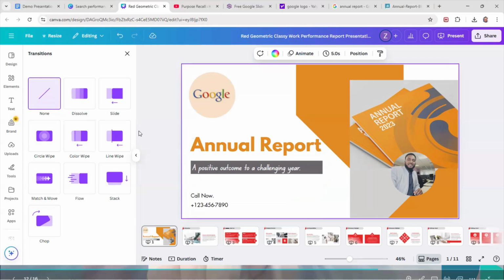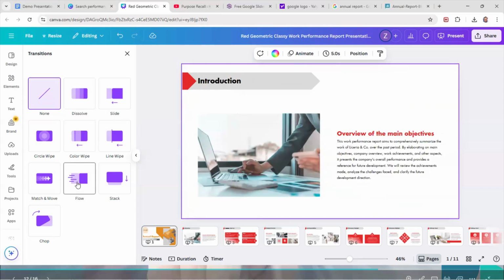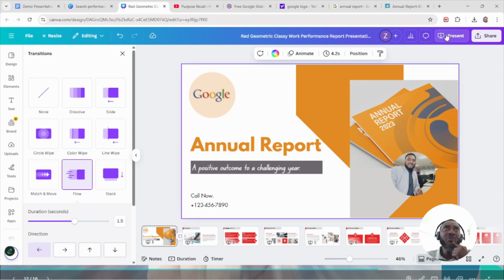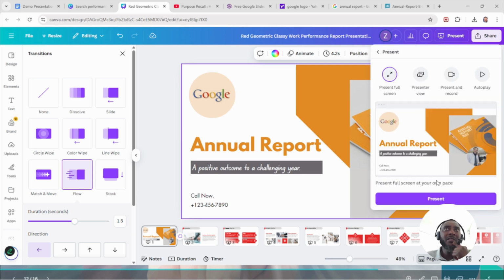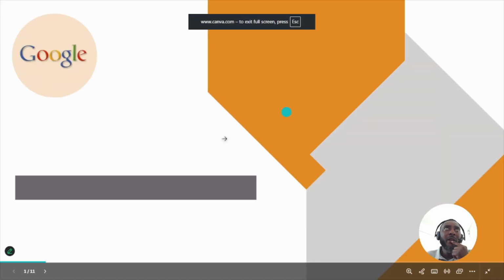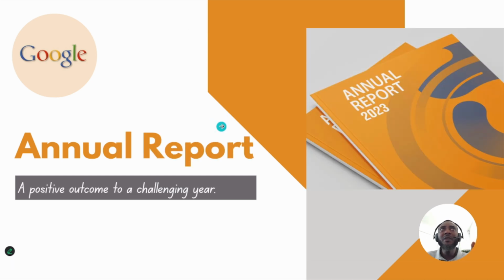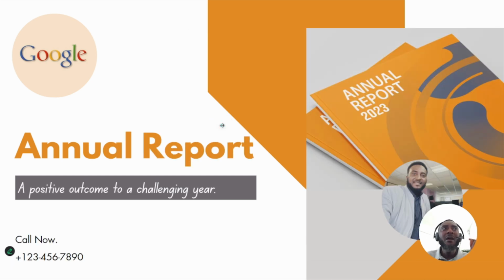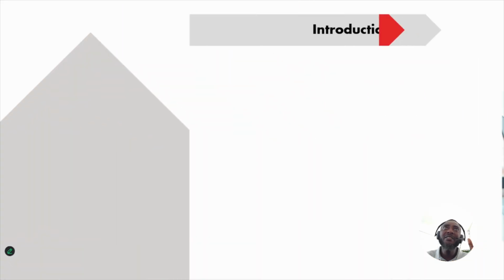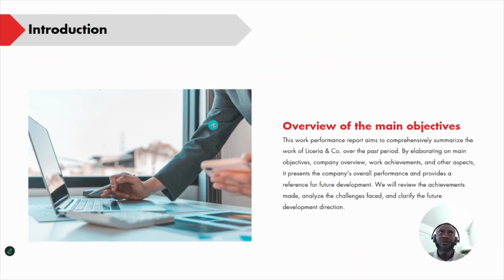And so if I use this for instance, flow, and go back to present, when I click, my animation comes up. But when my animation ends and I'm moving to the next slide, did you see that feel? Look at it again.